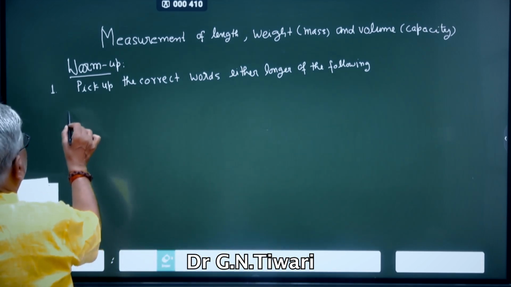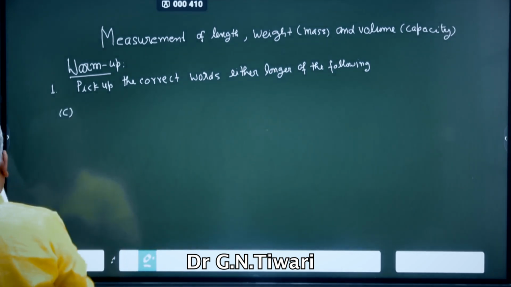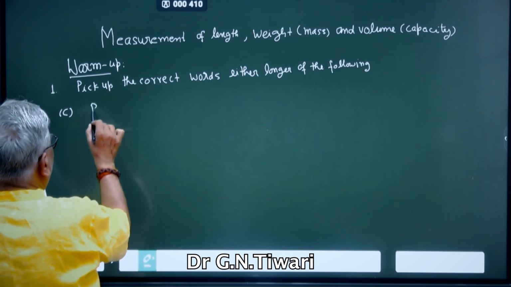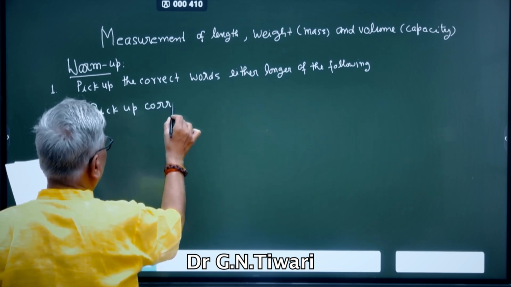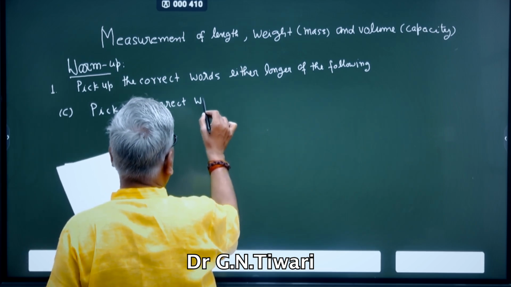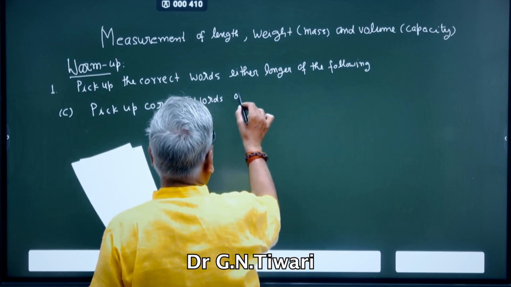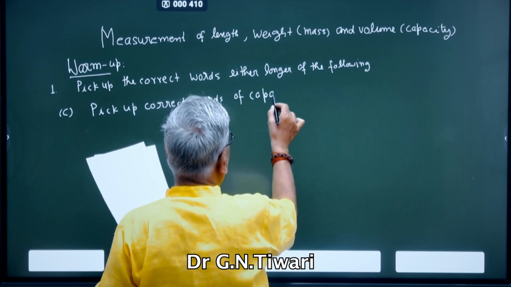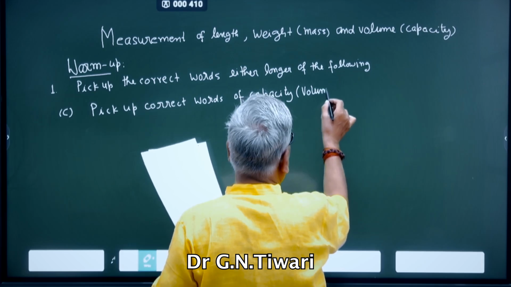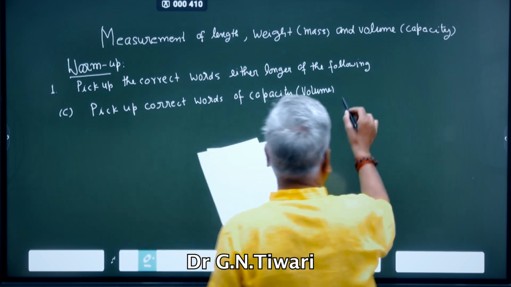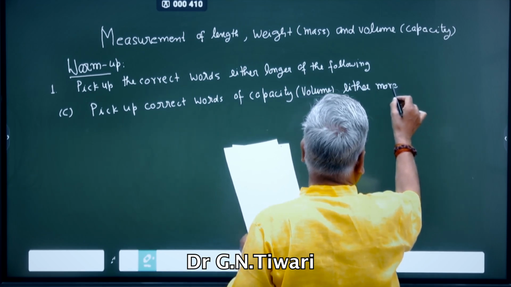C part is: pick up correct words of capacity, in brackets volume, either more or less.